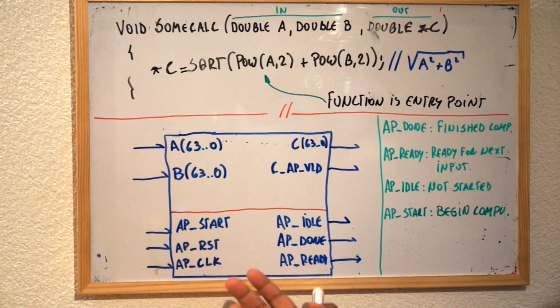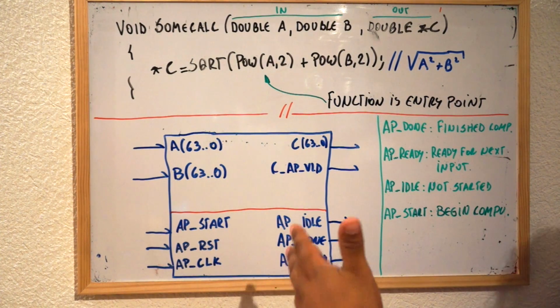By default, every IP core generated by Vivado HLS is going to have these signals here: ap_start, ap_reset, ap_clock, ap_idle, ap_done, and ap_ready. The reset and clock are normal, every sequential circuit is going to have them.